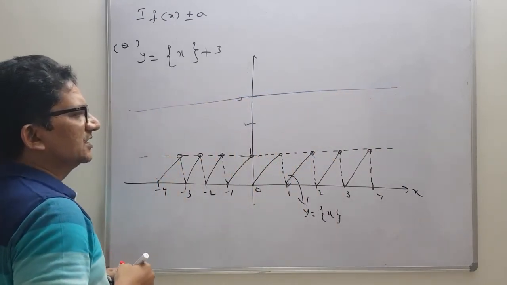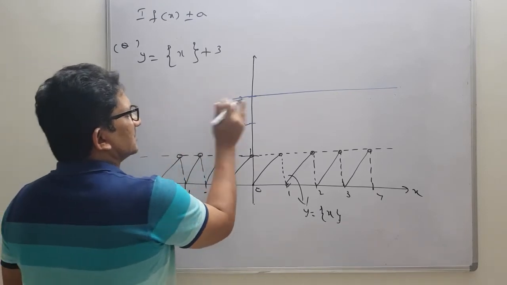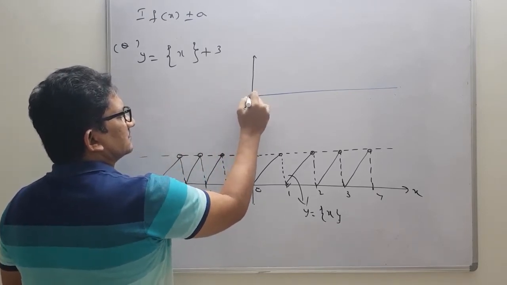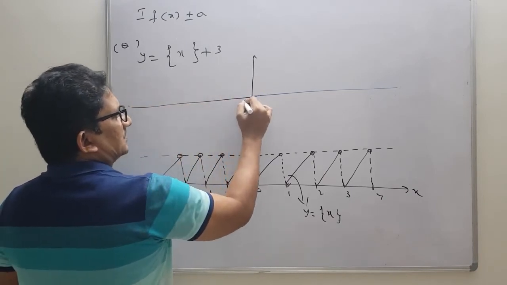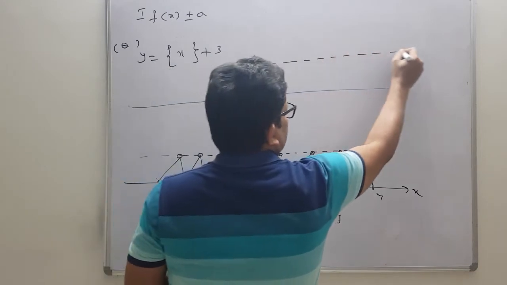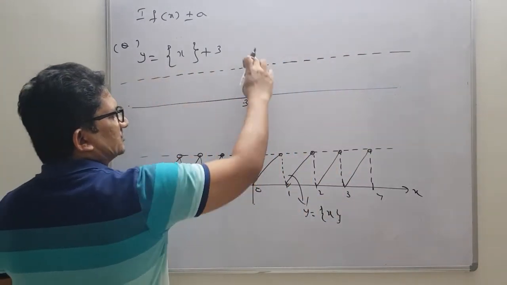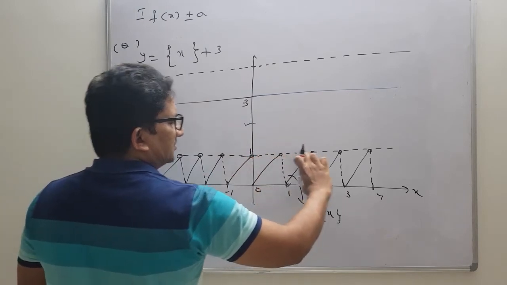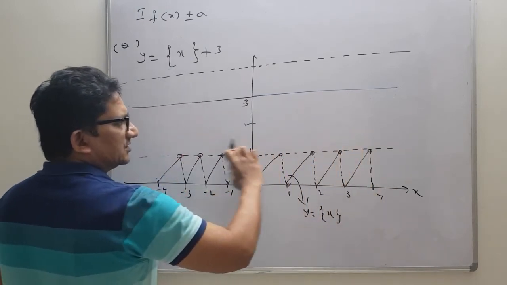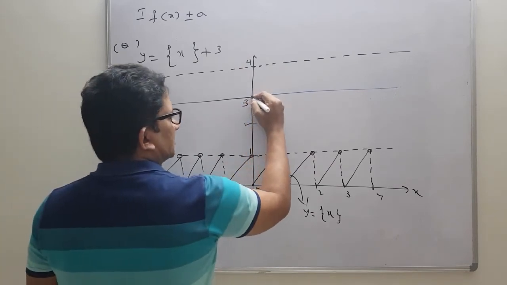Now here we need to draw the same thing. So again while drawing the same thing, so here neatly. So here again we need to keep a demarcation line which indicates that it should not exceed that one, because the range should lie in this length should be always 1 unit. So to maintain that one, here we will keep a line at 4. Now the same structure we will get here.